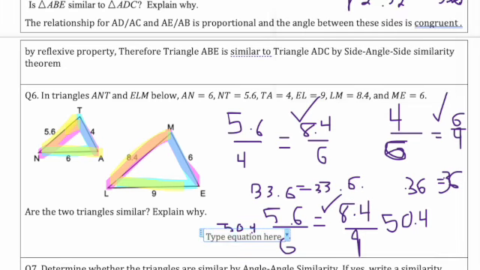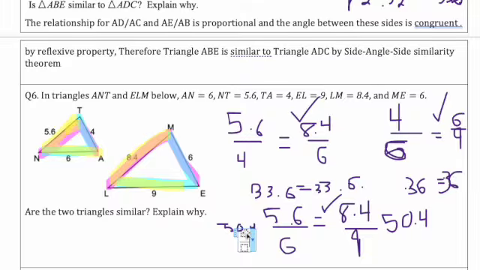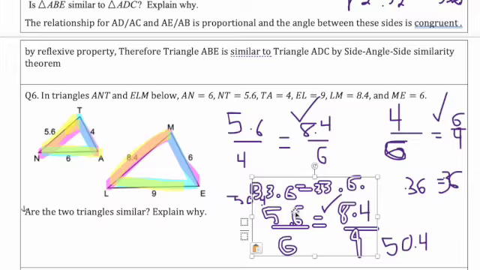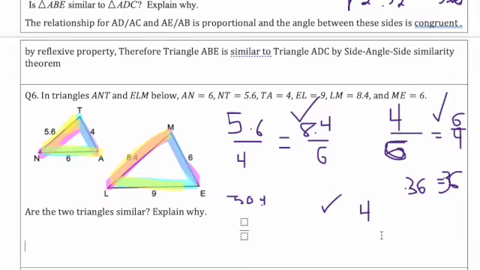All right. Let me see if I can put that here, and it moved back there. I'm just going to get rid of some of this because I need the space.